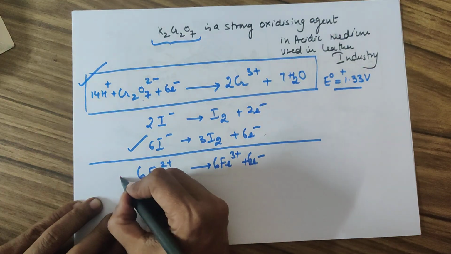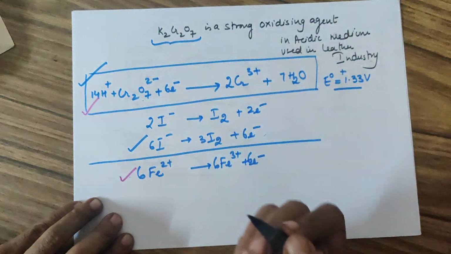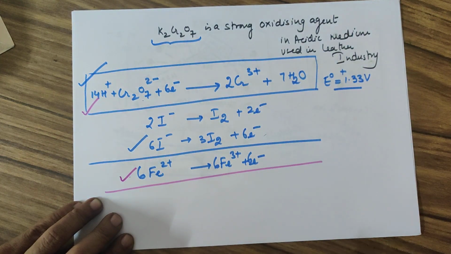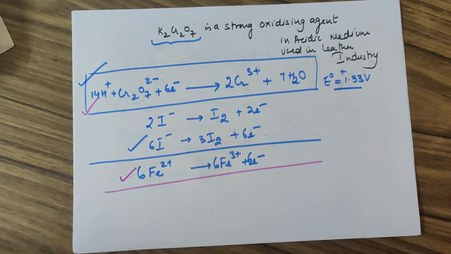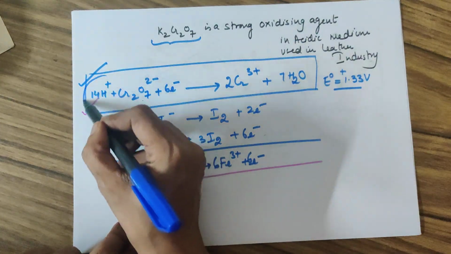You can use this equation along with this. इन दोनों को ऐड कर दो. You will again get a net equation to show that yes, potassium dichromate is acting as an oxidizing agent. Fine. In both the cases you are using acidic medium.